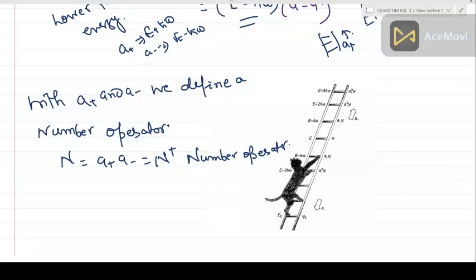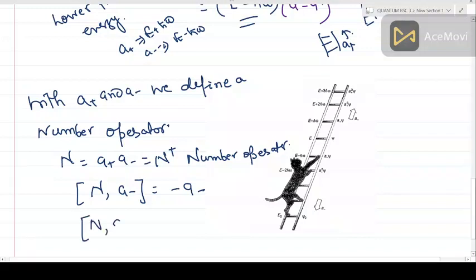If you evaluate this quantity, you will get interesting result, but let me tell you the most important result regarding this. If you take the commutation of n and a minus, it will produce a result minus a minus, and the commutation of n with a plus will produce a plus.